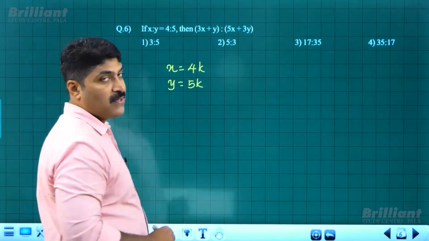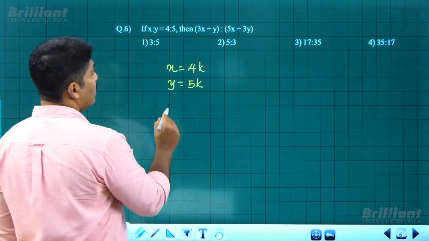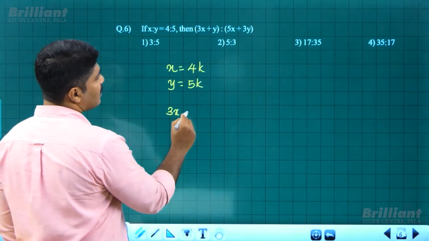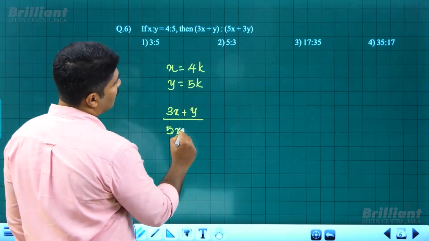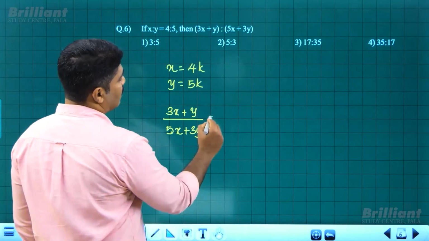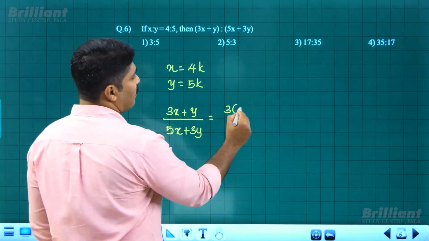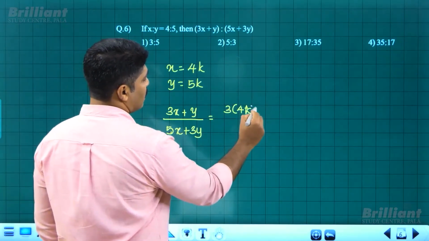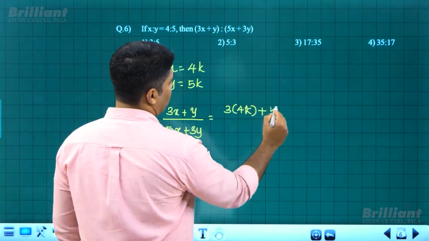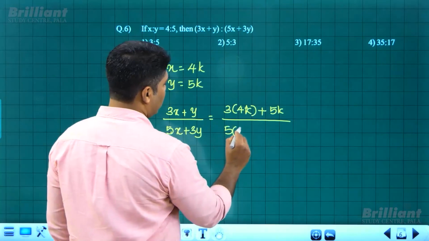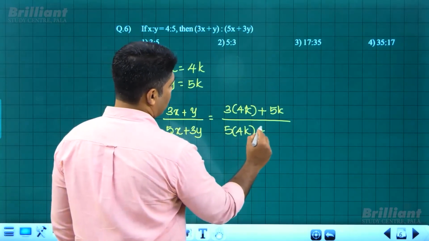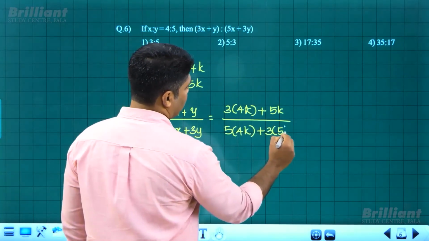Similar type of questions we discussed already. So this is 3x plus y divided by 5x plus 3y. Here you just substitute the value of x, so that is 3 into 4k, and y, 5k, divided by 5 into 4k plus 3 into 5k.